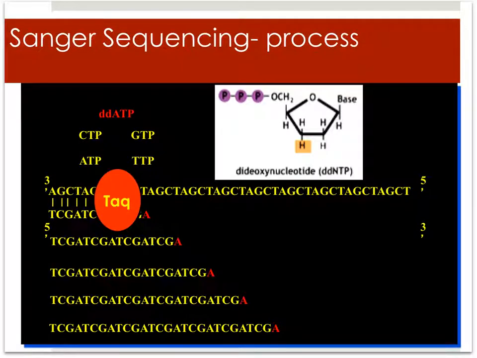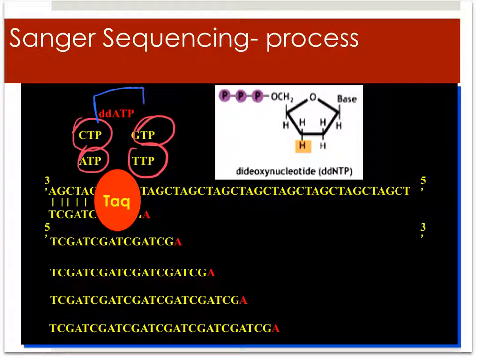When you have a dideoxy attached, as you do your amplification, and then you try to sequence, you have the typical components of the NTPs, right? Cytosine, guanine, thymine, and adenine. You also add a dideoxy.